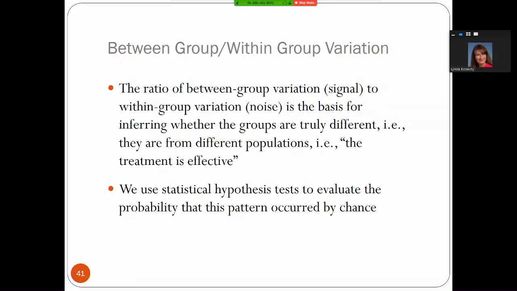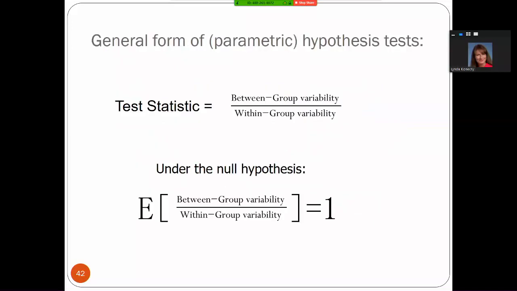So we use that ratio between to within group variability to determine if the difference that we see is true or just random error, random measurement error.